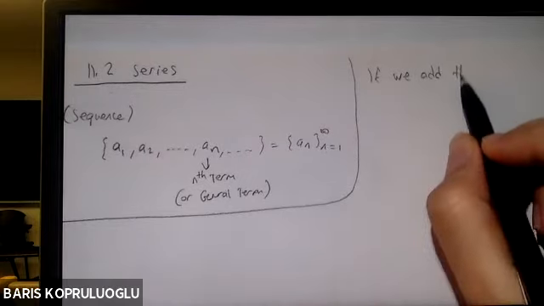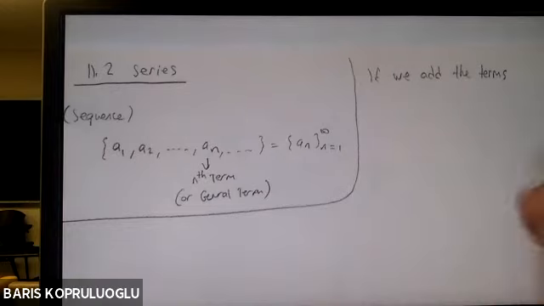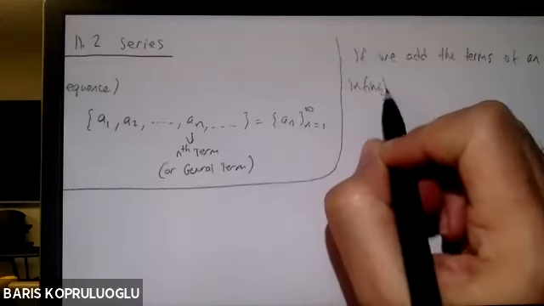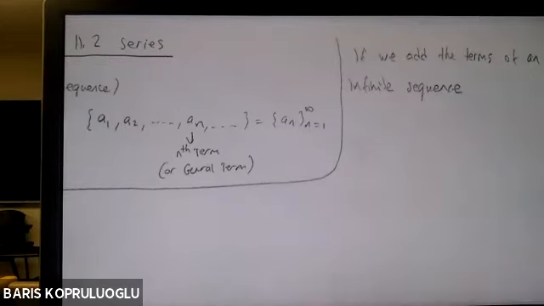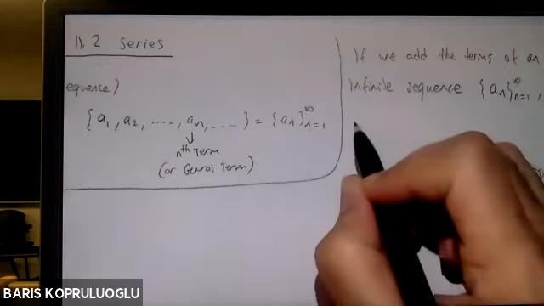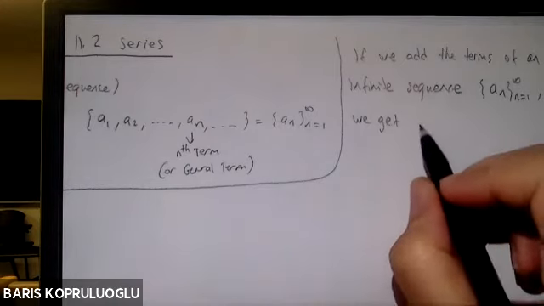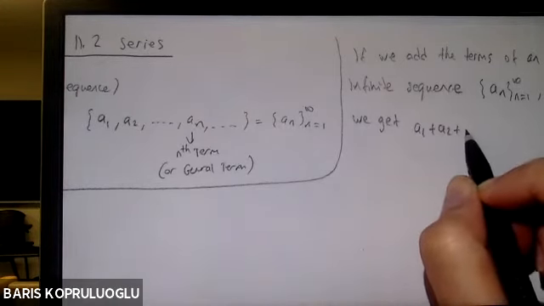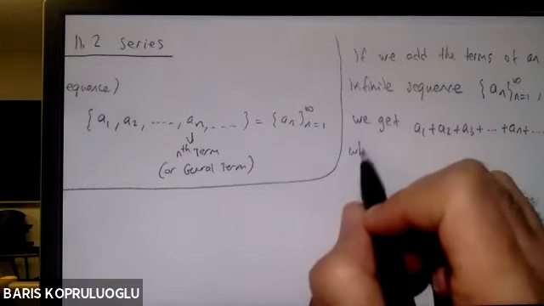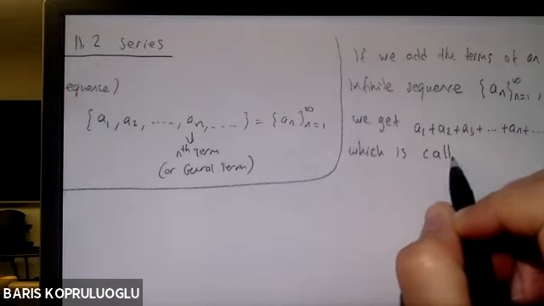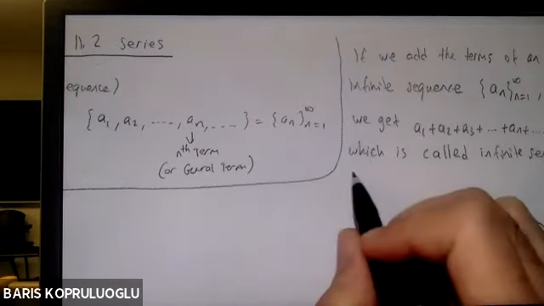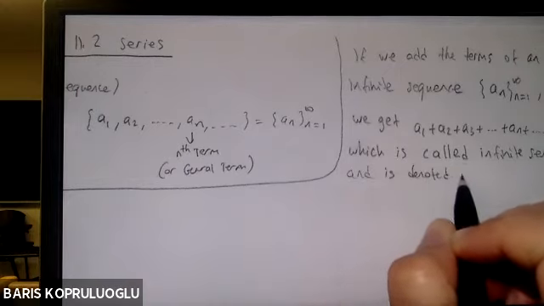If we add the terms of an infinite sequence a_n from 1 to infinity, then we get a1 plus a2 plus a3, all the way to the nth term, and then it keeps going, which is called an infinite series, and is denoted by the sigma sum.